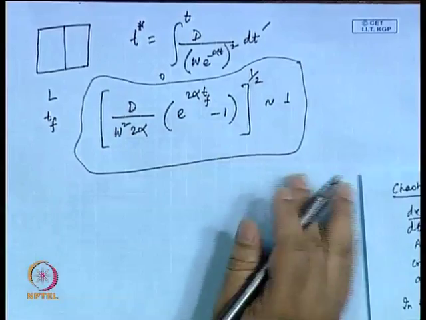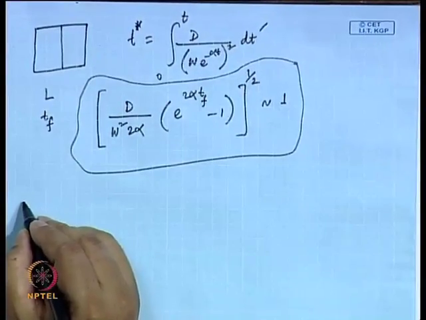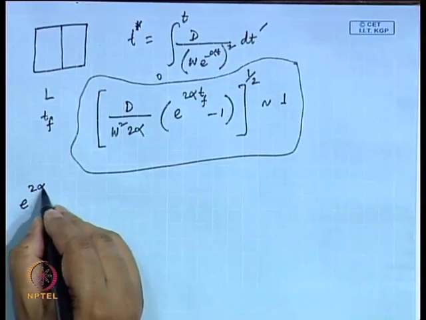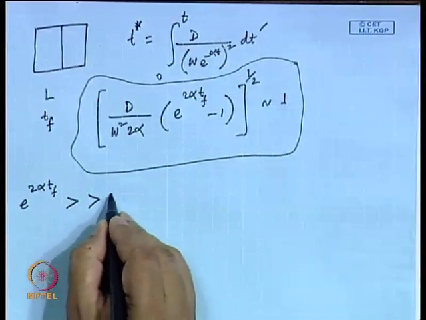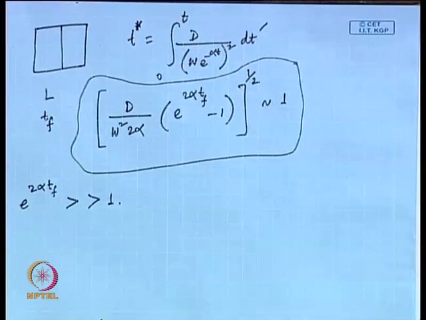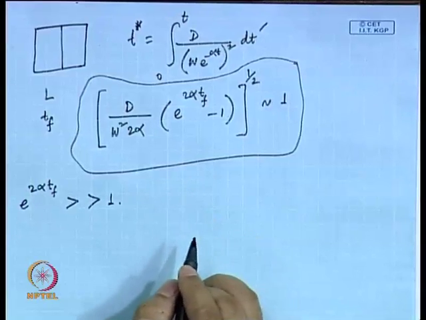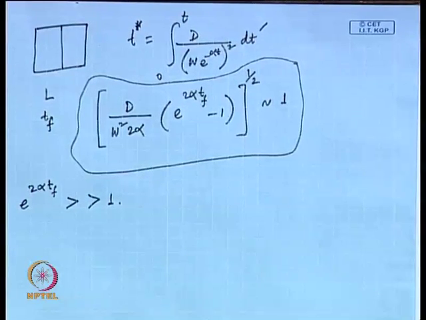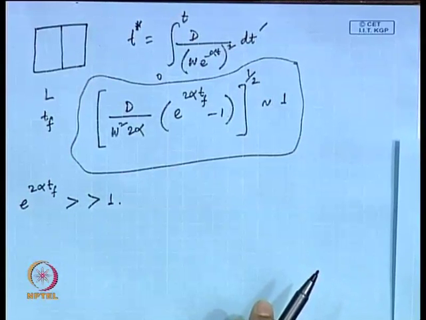Now, we have this understanding that e to the power 2 alpha T f is much greater than 1. This alpha is the elongational stretching, right.